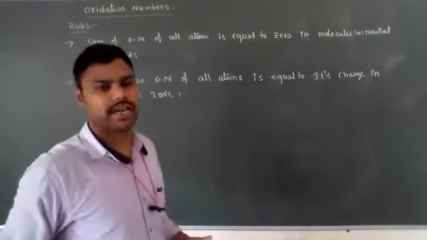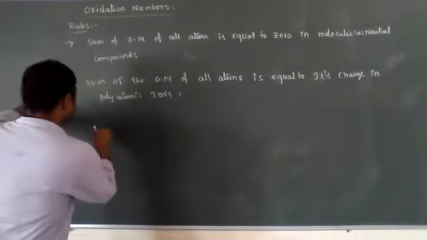Polyatomic ions means they may be positive ions as well as negative ions. For example, let's see.